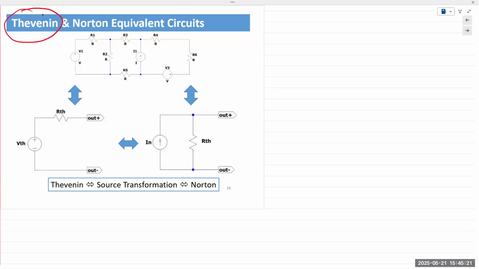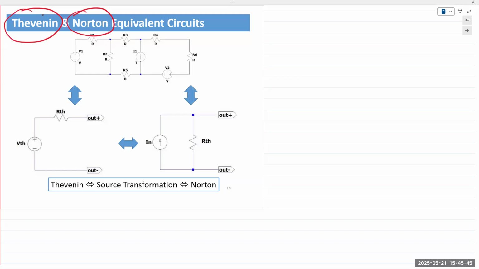So based off of Thevenin's theorem, he postulated his own theorem, saying that you could take the same large linear circuit and represent it as a single current source. That theorem came to be known as Norton's theorem, named after him, and that circuit is known as Norton equivalent circuit.